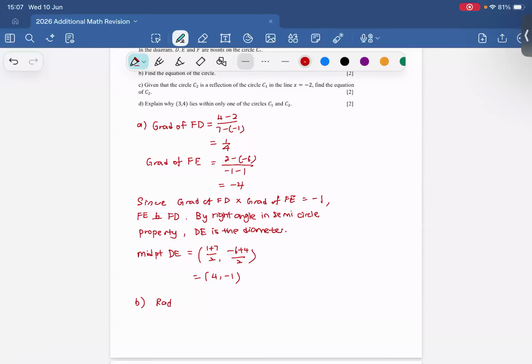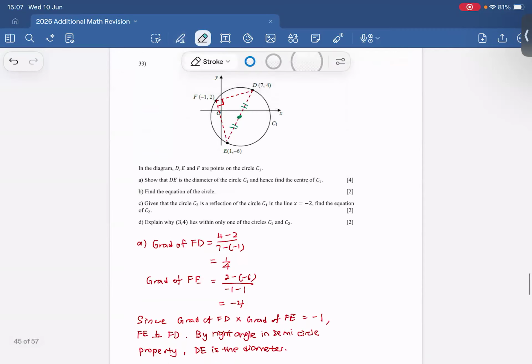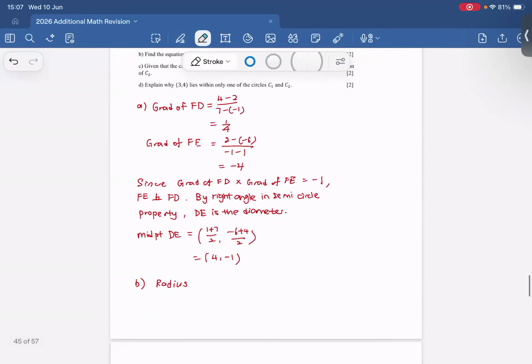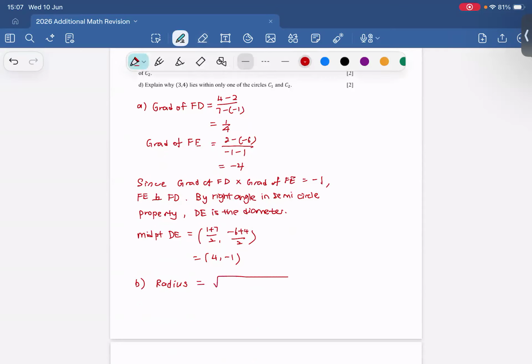You can use the center and E, or you use the center and D. So (7 minus 4) squared plus (4 plus 1) squared.